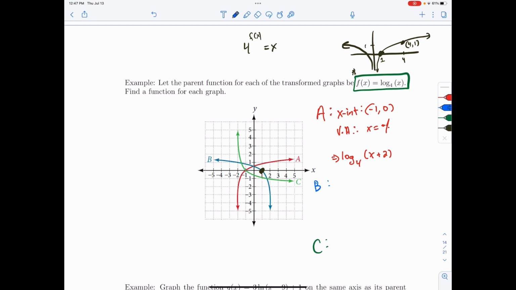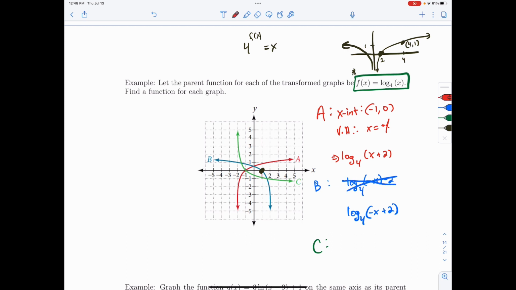So this is going to be log base 4, and I'm subtracting here, and then I'm moving this right, so I'm going to put plus 2. But we want to take out that negative sign, so I'm going to write it as log base 4 of (negative x plus 2). Reflecting, and then we're adding 2. So that second way is how we'll write that.